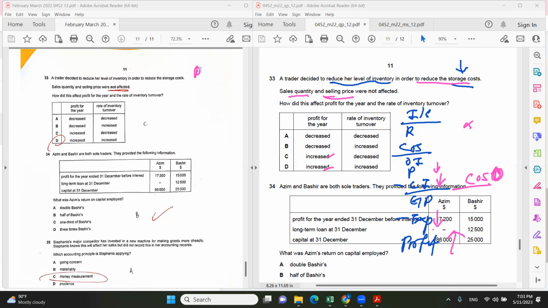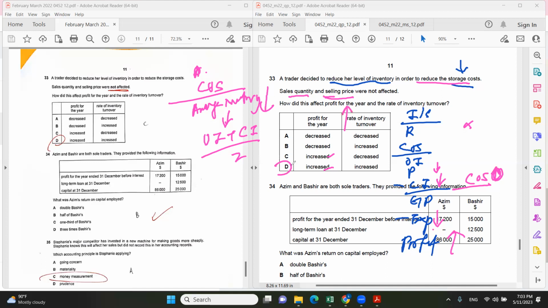Next, come to the rate of inventory turnover. The formula is cost of sales divided by the average inventory. The average inventory here is the opening inventory plus closing inventory divided by 2. This reduce means that average inventory reduces. When this one reduces, this one should be increased.